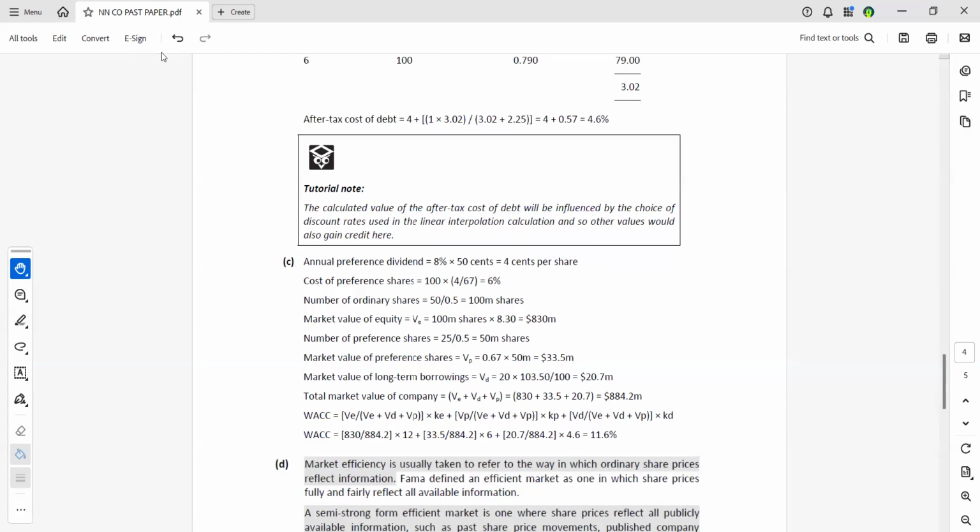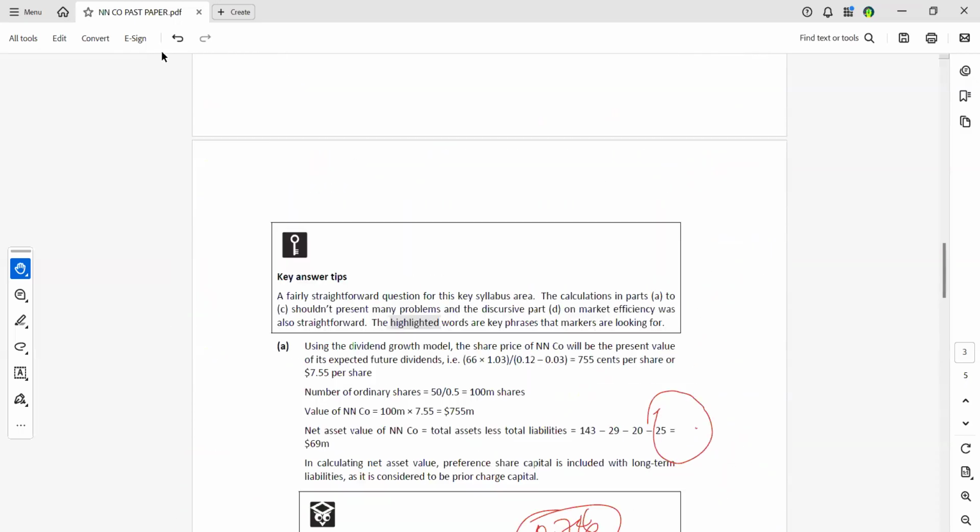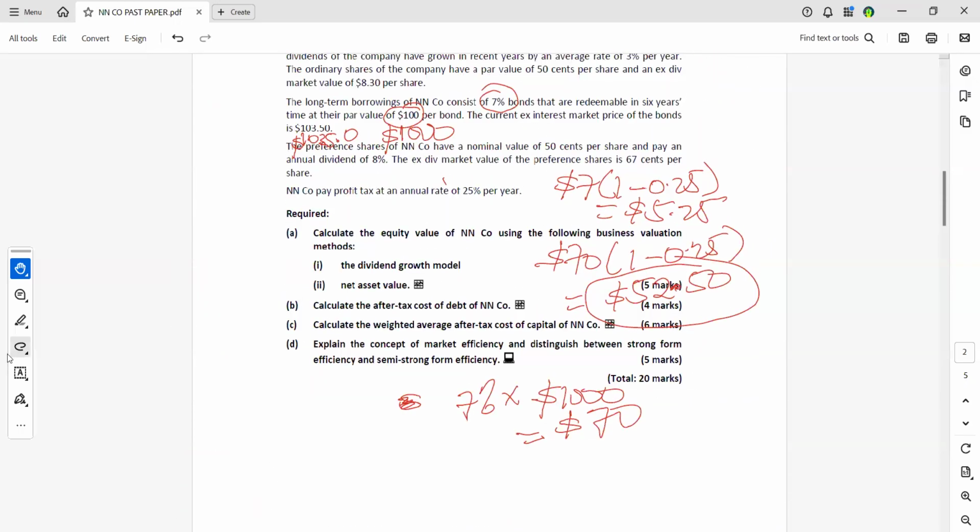Okay, so what happened is that we are moving on to look at the next bit where we are going to calculate WACC, right? A done, B done. C says calculate the weighted average cost of capital for NNQ.